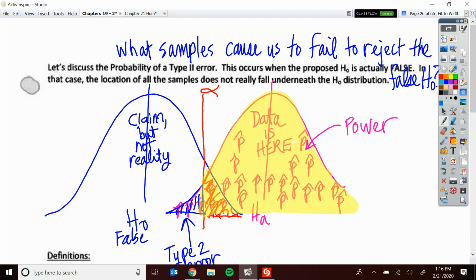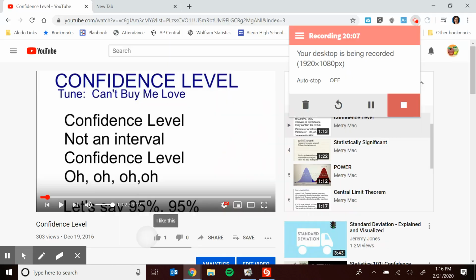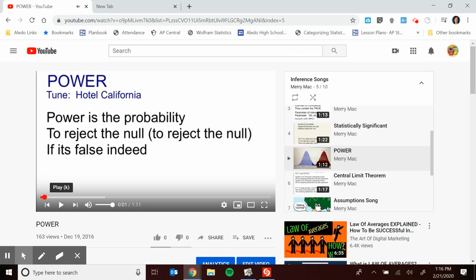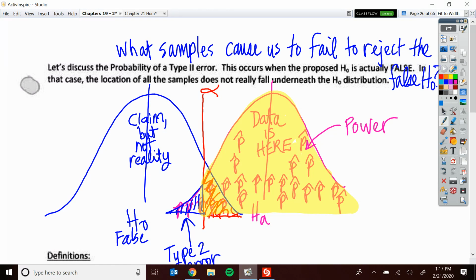Hotel California. Yay. Because of my recording situation, I'll have to wait until I'm done recording to actually play it for you. It sounds so good, so you'll have to miss out, but I'll pull it up and play it for you in a little bit.